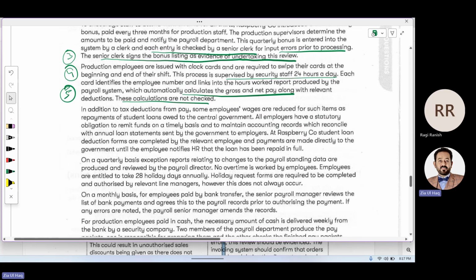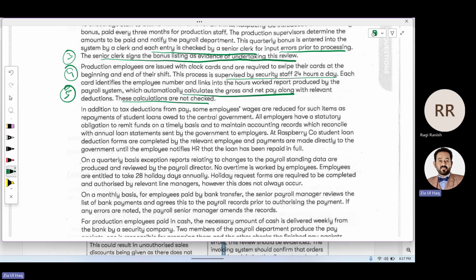In addition to tax deduction from pay, some employees' wages are reduced for such items as repayments of a student loan owed to the central government. It means the employee has obtained a student loan from the government, and the company is deducting from their pay and paying to the government.